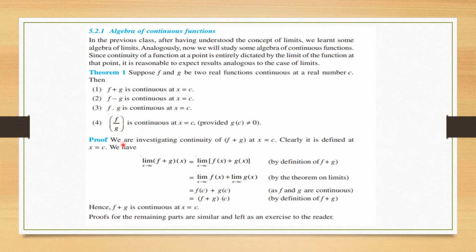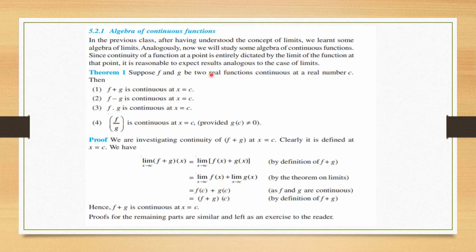So how can we prove this? By investigating the continuity of f plus g at c. Clearly it is defined at x equal to c, and we will have limit x approaches c of (f plus g)(x) equal to limit x approaches c of f(x) plus g(x), by the definition of f plus g. Now we can apply the limit individually, limit of this plus limit of this.